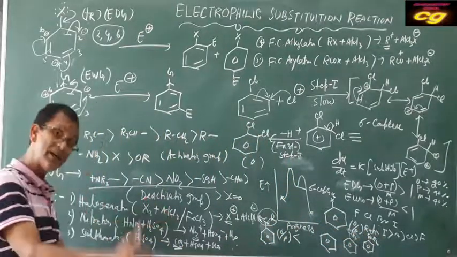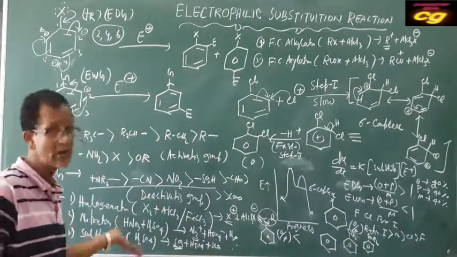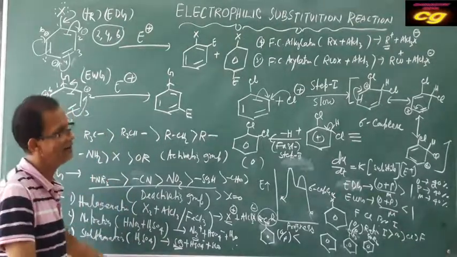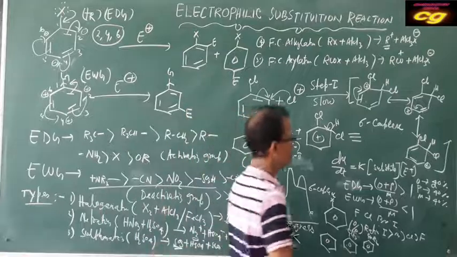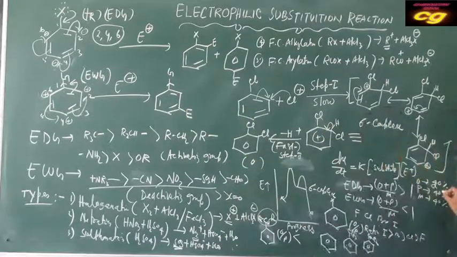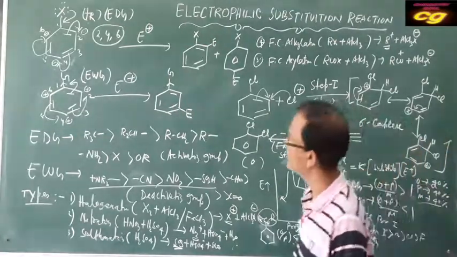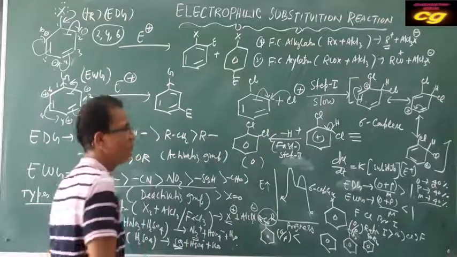So different types of products are formed: ortho product, para product and meta product, but the percentage will be less. Here the ortho para percentage will be around 60% and meta percentage will be 40% if you use an attacking electrophile for chlorobenzene.